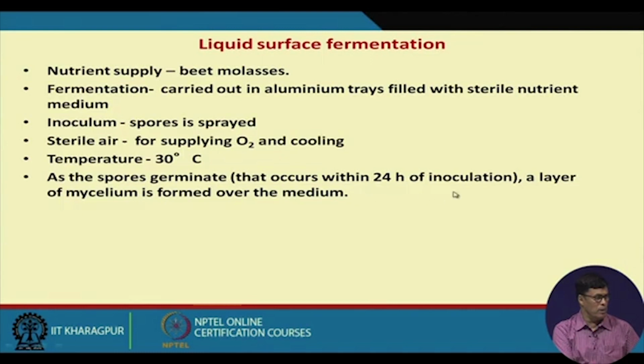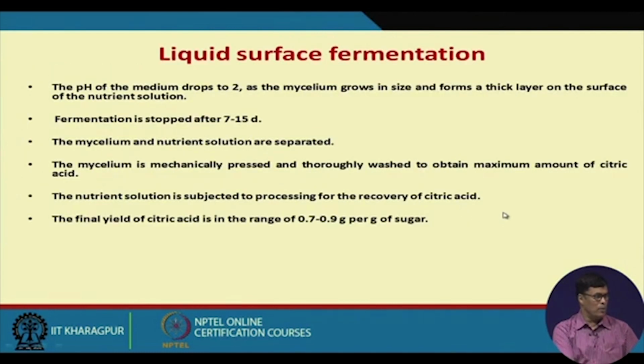Spore germination takes place and a layer of mycelia forms on the surface. The pH drops to 2 and the mycelia grow in size and form a thick layer on the surface of the nutrient. The fermentation stops after 7 to 15 days.